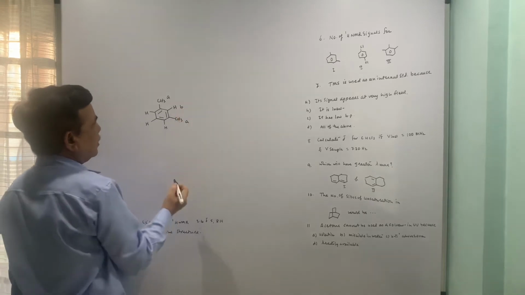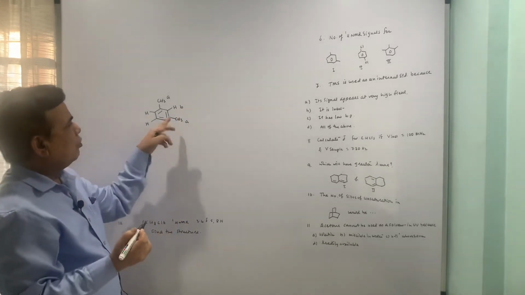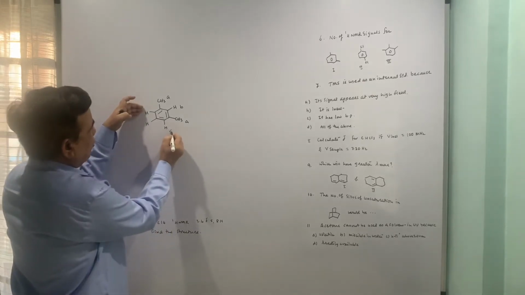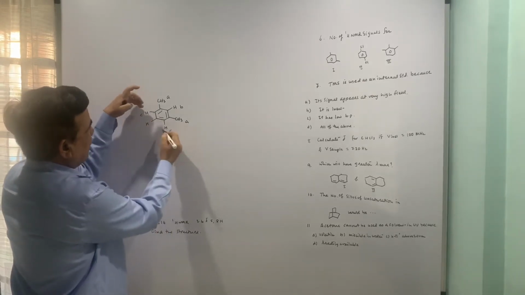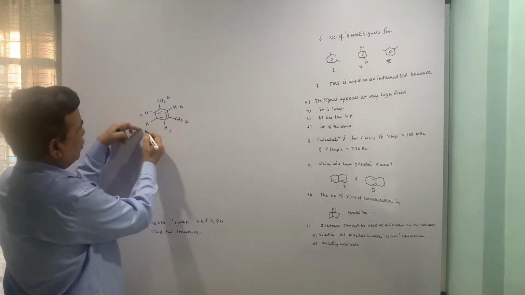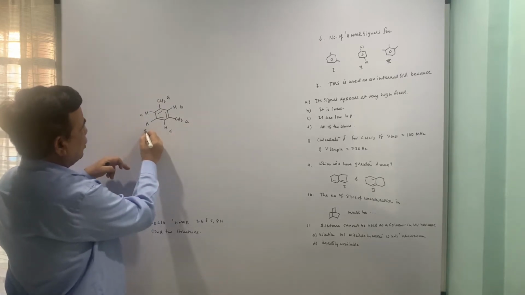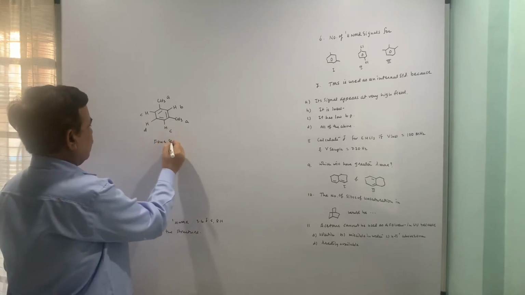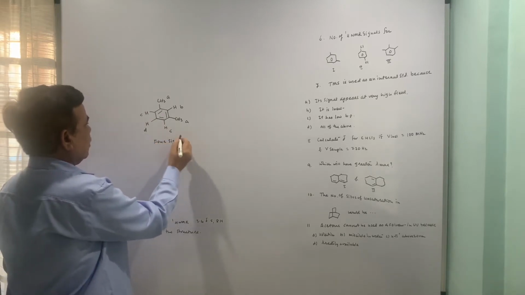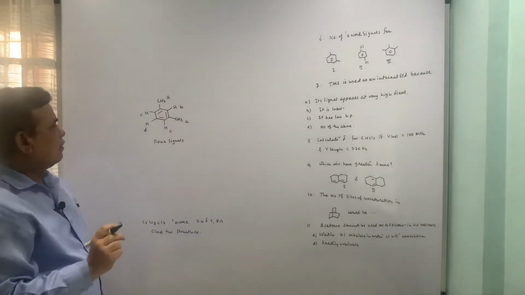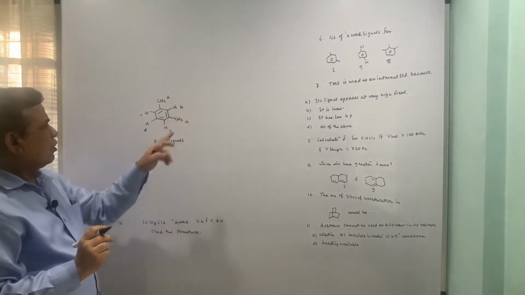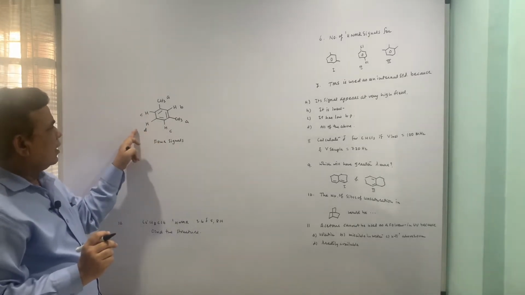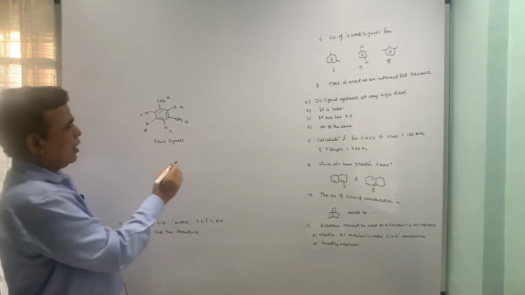This proton is different because it is flanked by two methyls. These two are going to be the same because they have methyl on one side, proton on the other side. This is going to be different. So there are four sets, four signals, one can say. One for the methyls because they are equivalent, one for this proton because that is not equivalent to others. These two are identical, this is again different, four signals for that.